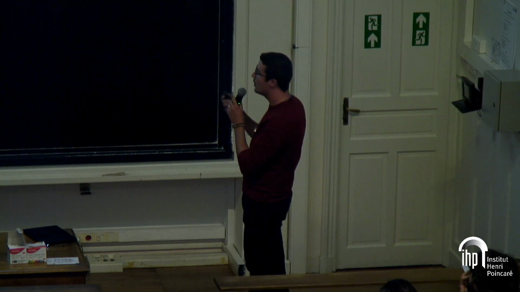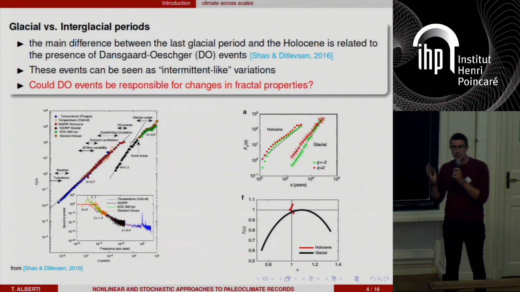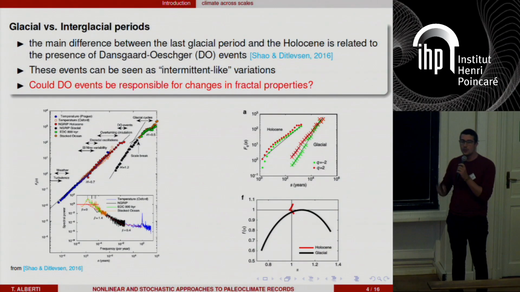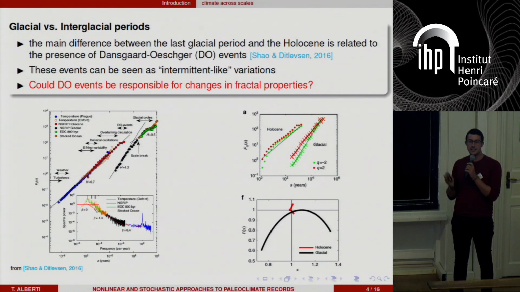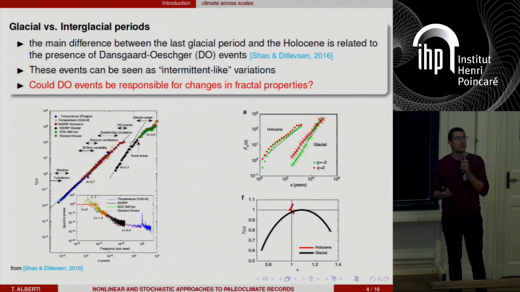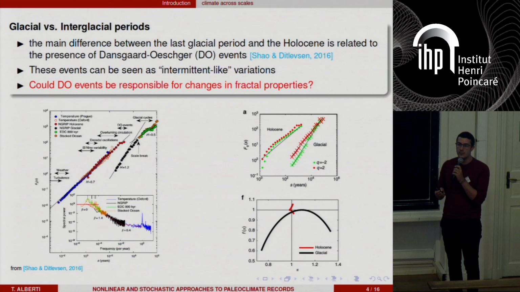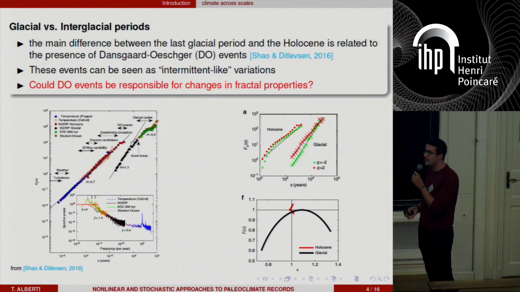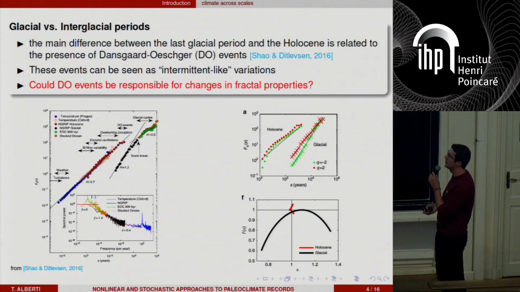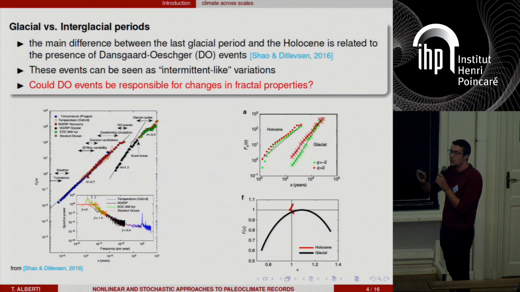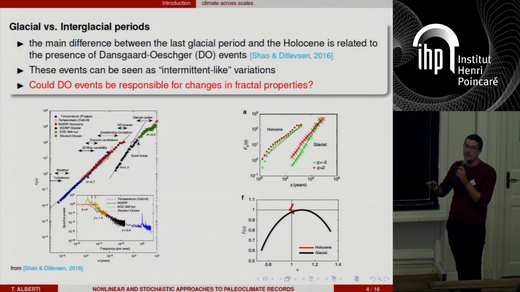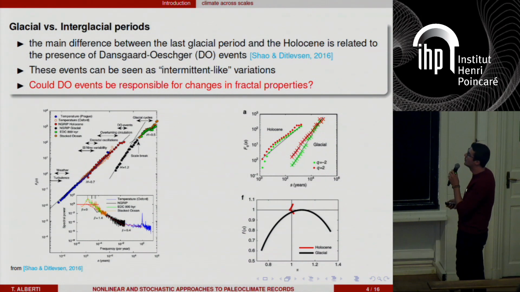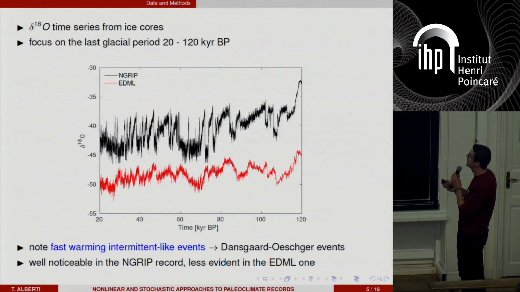One of the most probable causes of this multifractal behavior could be the existence, during the last glacial period, of the so-called Dansgaard-Oeschger events, which are fast global warmings that suddenly occurred, and due to their intermittent-like behavior, this could produce a multifractal spectrum.